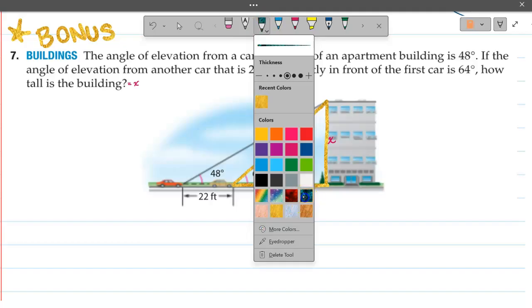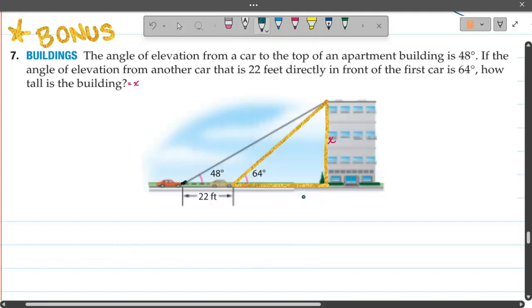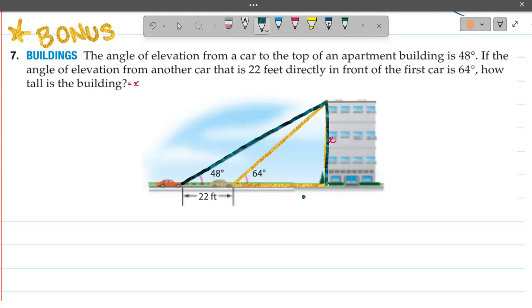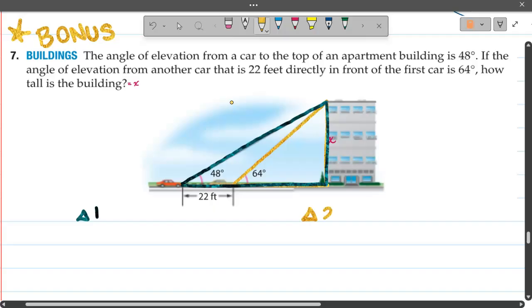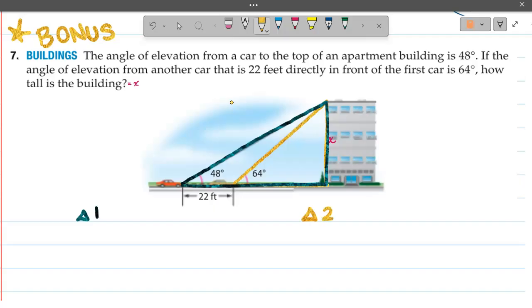Then we also have this other right triangle right here. See how they kind of overlap one another? With a 48-degree angle. So first we need to think about triangle 1, then we're going to think about triangle 2, set up everything we can, and from there, hopefully we'll be able to come up with a good solution.